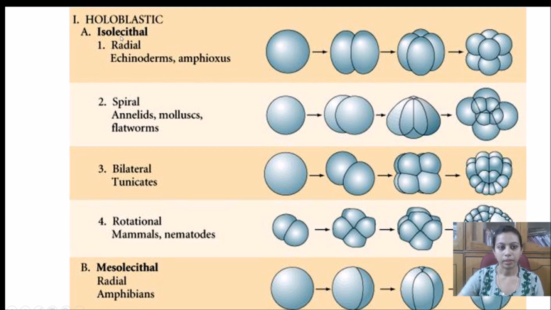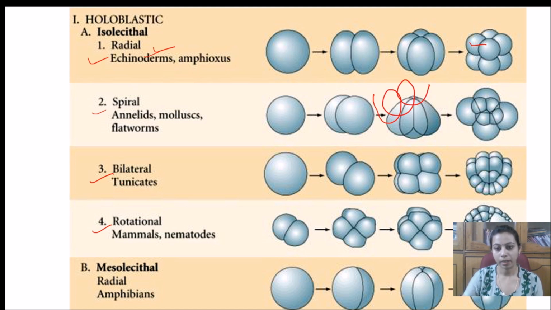In case of isolecithal, there are four different types of cleavage: radial, spiral, bilateral and rotational. In radial cleavage, with each and every division, equal sized cells are formed. Spiral cleavage is similar to radial cleavage, but the plane will be in a spiral manner, just like a spring.